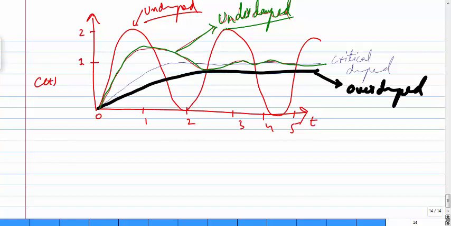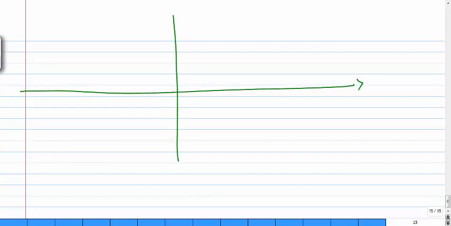Now how do the response and pole location relate? If we move to the next, this is my S-plane. This is your real part, this is your imaginary part. This is 0. Here you are in positive values, here you are in negative values.